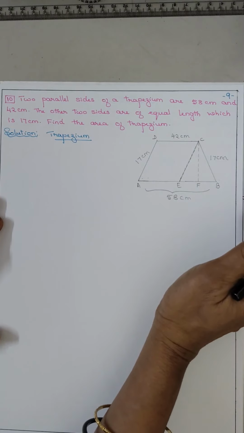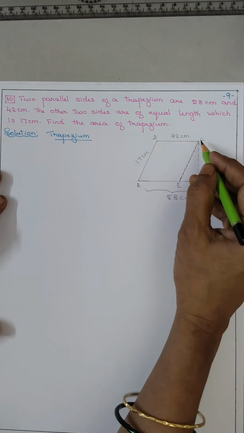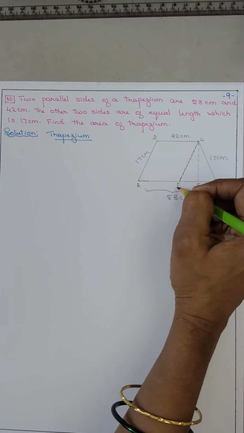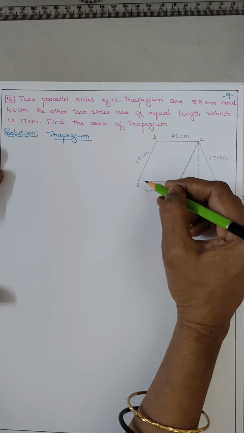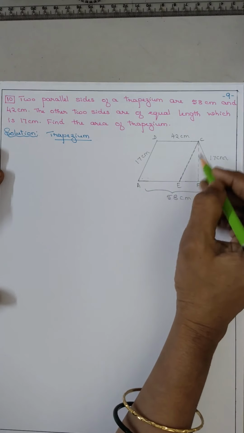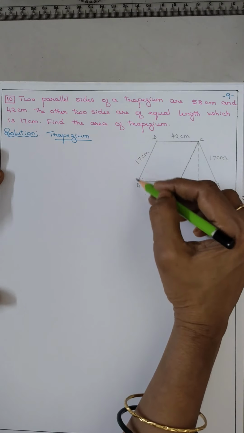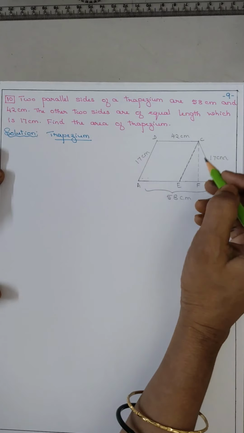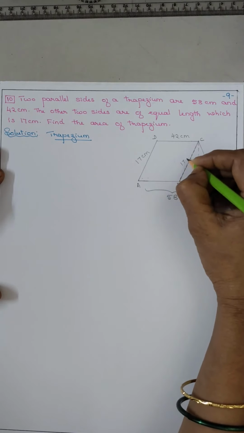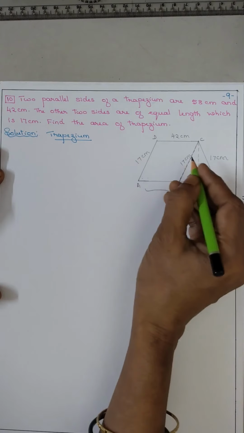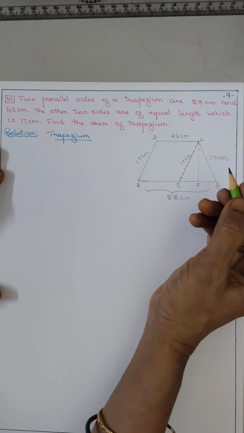So for that what we have to do, first construct CE parallel to AD, then AECD becomes a parallelogram. So CE will be 17 centimeter, opposite sides of the parallelogram.